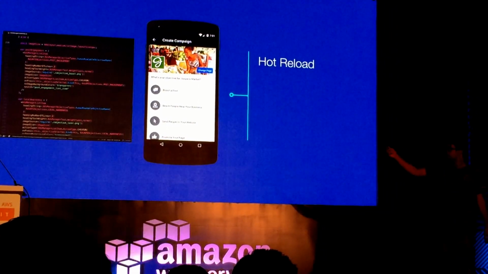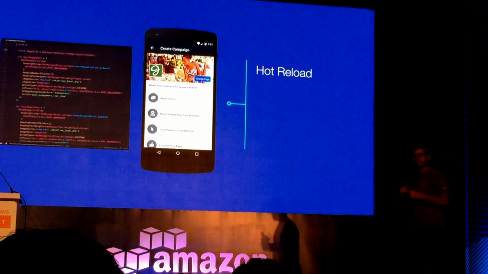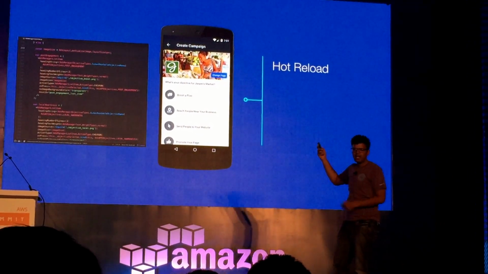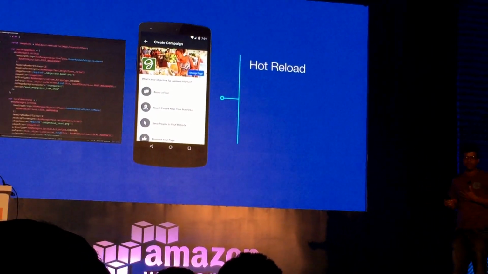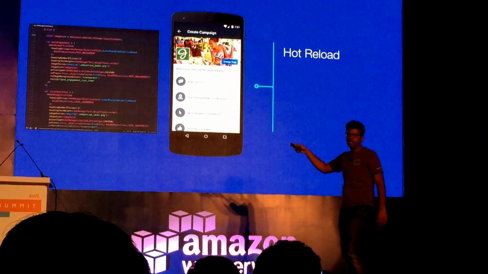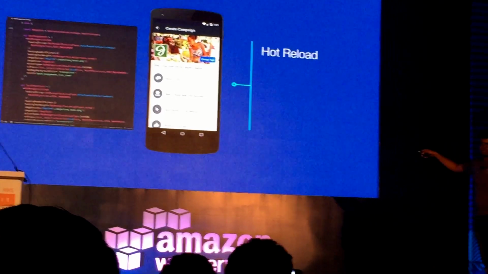I assume most people know about live reloading, but it is basically that whenever your scripts change, the UI gets updated. And that functionality is not something an Android or an iOS developer is used to. So Hot Reload provides that. You change your code and instantaneously you can see the corresponding changes on your emulator or your device.